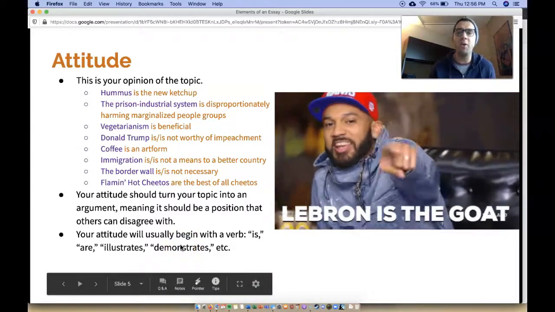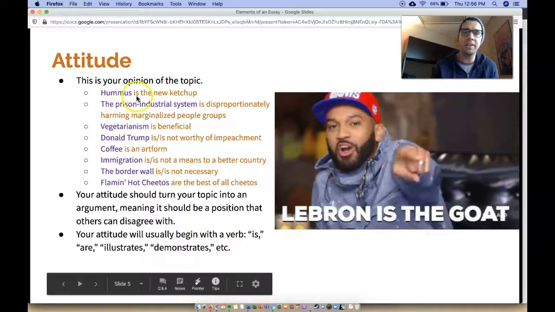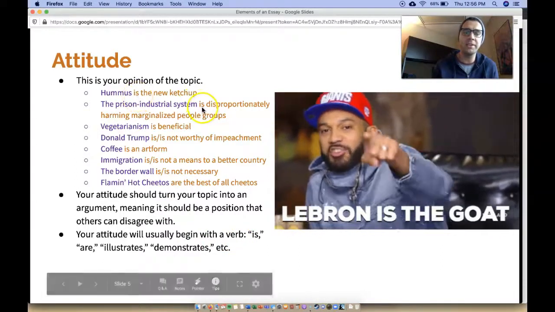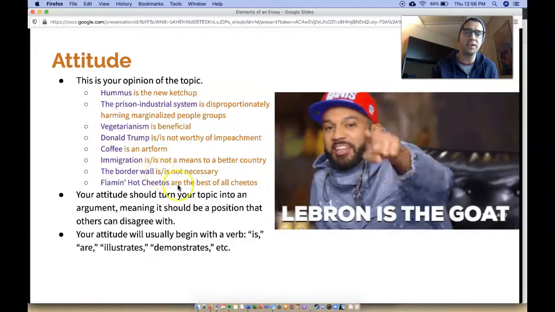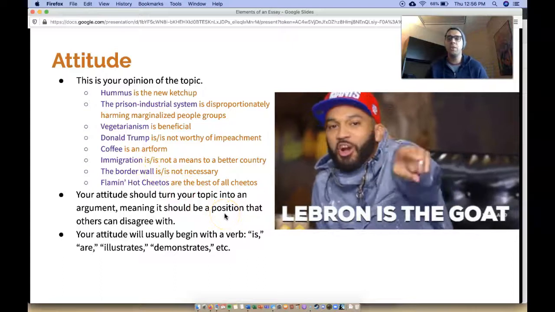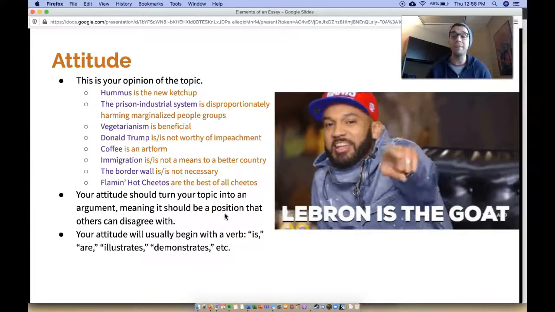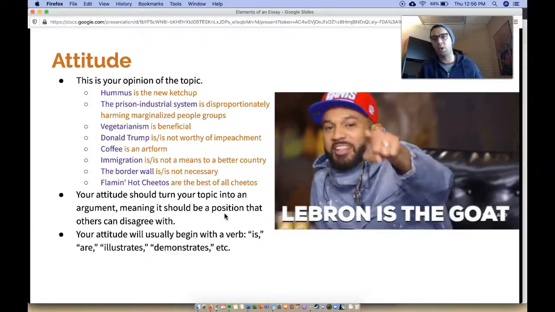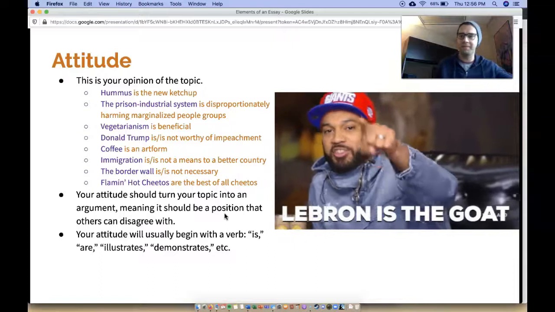Your attitude is pretty much always going to begin with a verb. If you look, hummus is, prison industrial system is, are. So your attitude is always going to begin with a verb. It doesn't have to be verbs like am, is, are, was, were, be, being, been, has, had, have, and I don't know, the others.